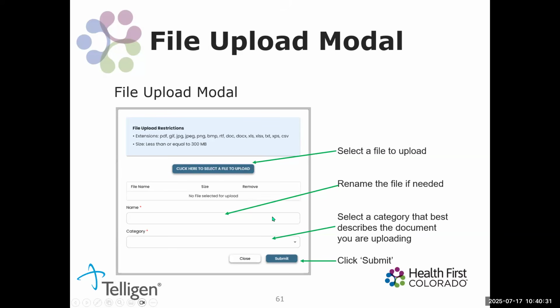If you want to put more clarification in it, or you got it from an EHR, or like what comes out of our system at times, it's alphabet soup, you can change it here. Most people have it named something else when they insert it, but I wanted you to know if you needed to rename it, you can. We also have categories here. You'll just select a category that best describes the document you're uploading. We have all of the potential documents that we would expect, as well as another category.